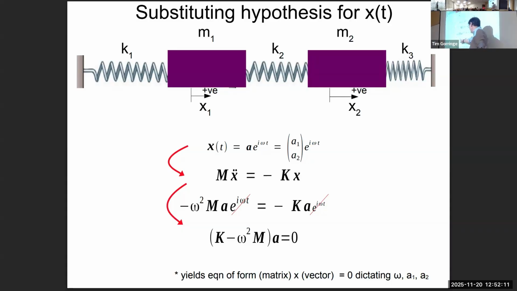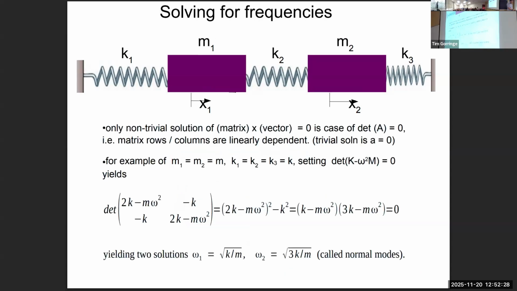These are two 2x2 matrices that combine together to make one 2x2 matrix. That product, interestingly, is 0. So we're going to use that fact to find omega.